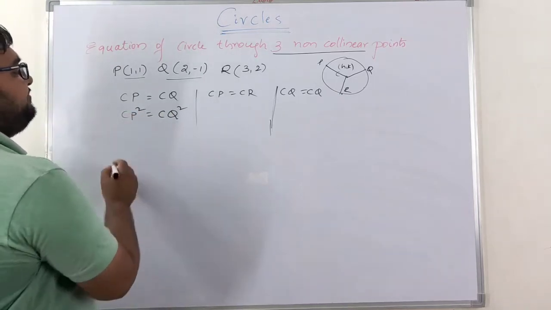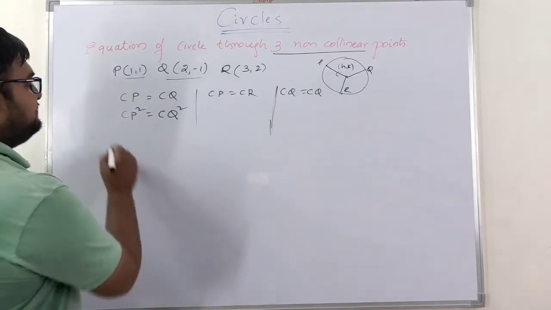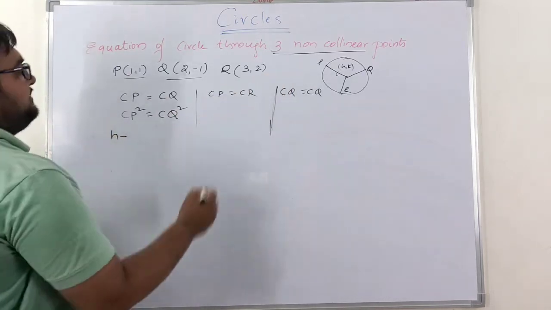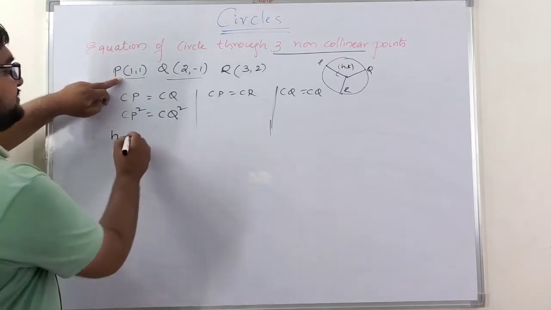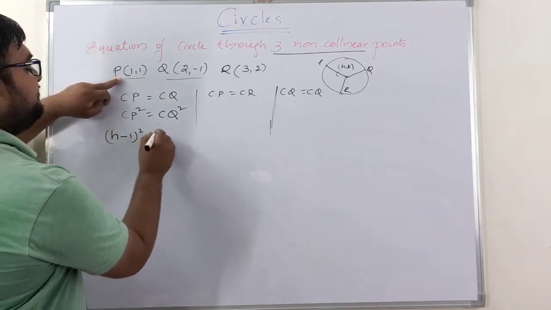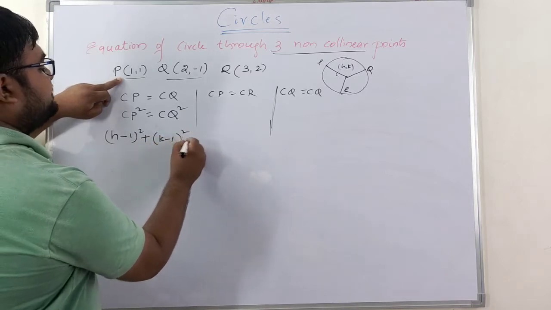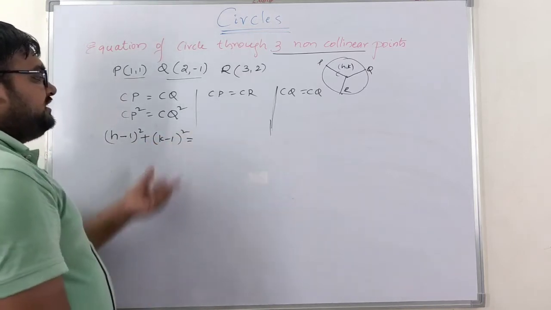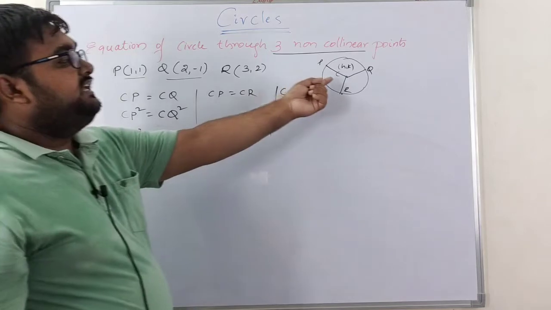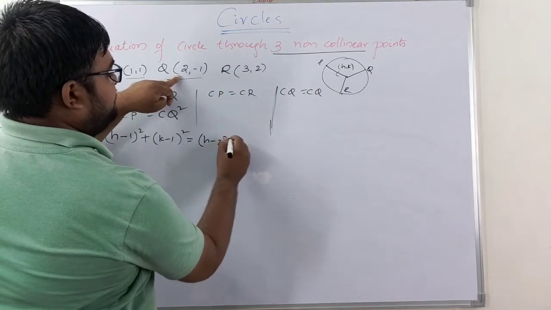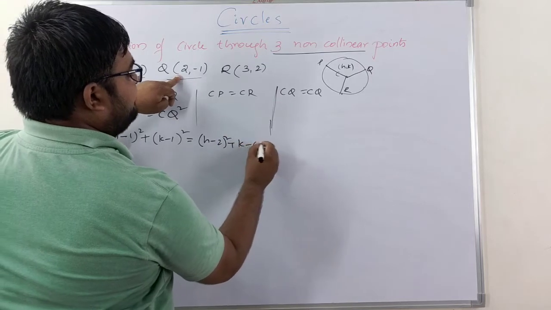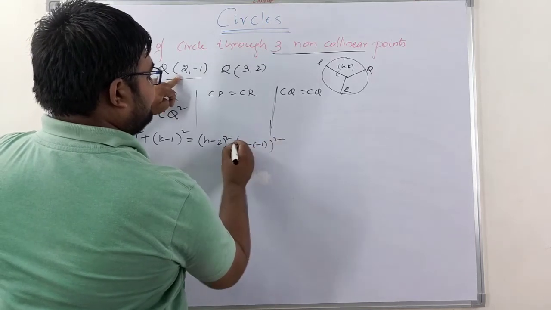Now what is CP square? (h minus 1) whole square plus (k minus 1) whole square is equal to CQ square. For C and Q, this point, (h minus 2) whole square plus (k minus of minus 1) whole square.